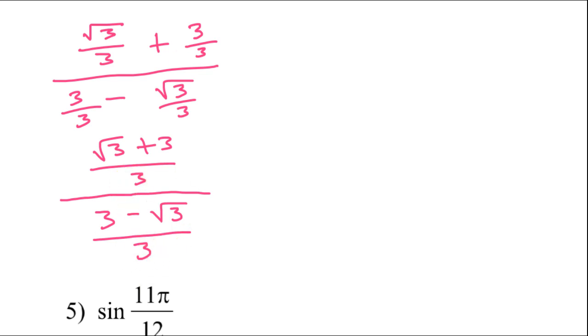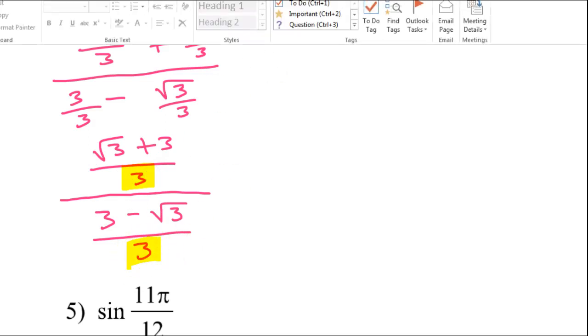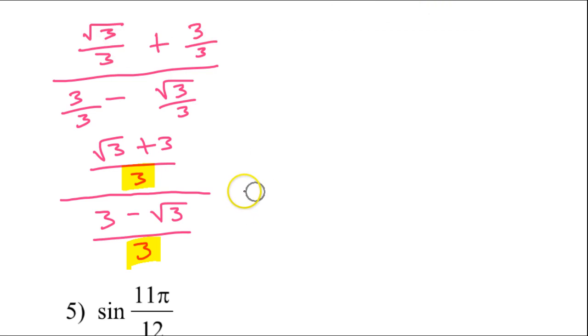Notice that the denominators are the same. So when the denominators are the same, you can cancel these out. So these are gone. And that's going to leave me with radical 3 plus 3 over 3 minus radical 3.